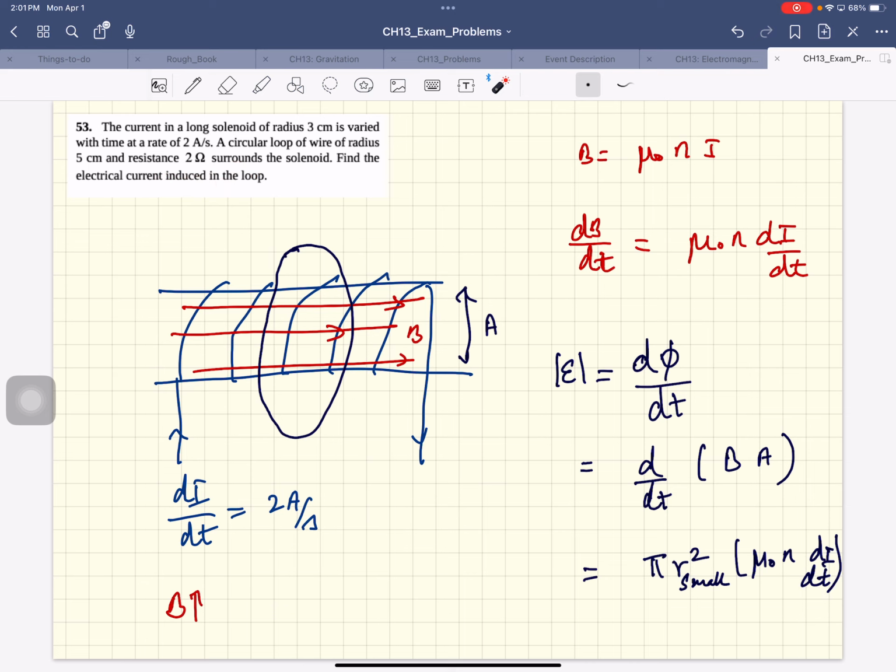They haven't given n in this problem, so we'll assume n is 500 turns per meter.